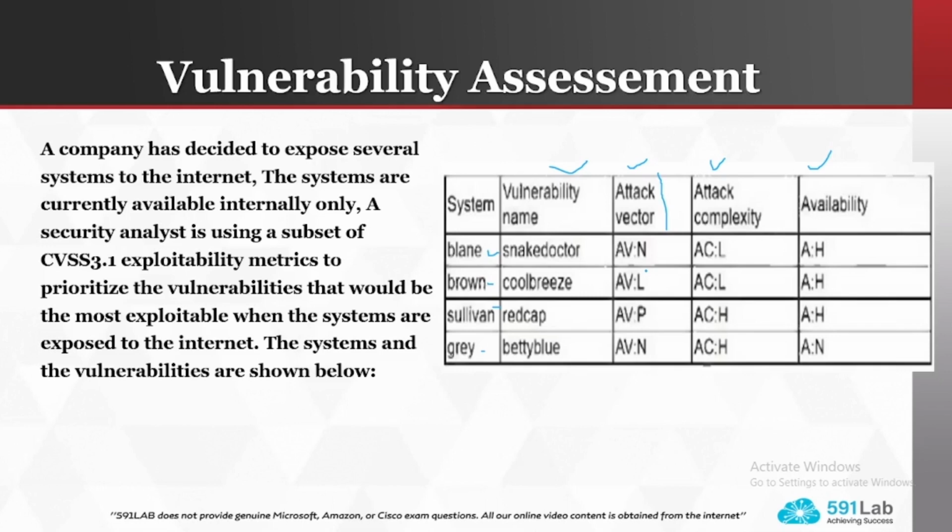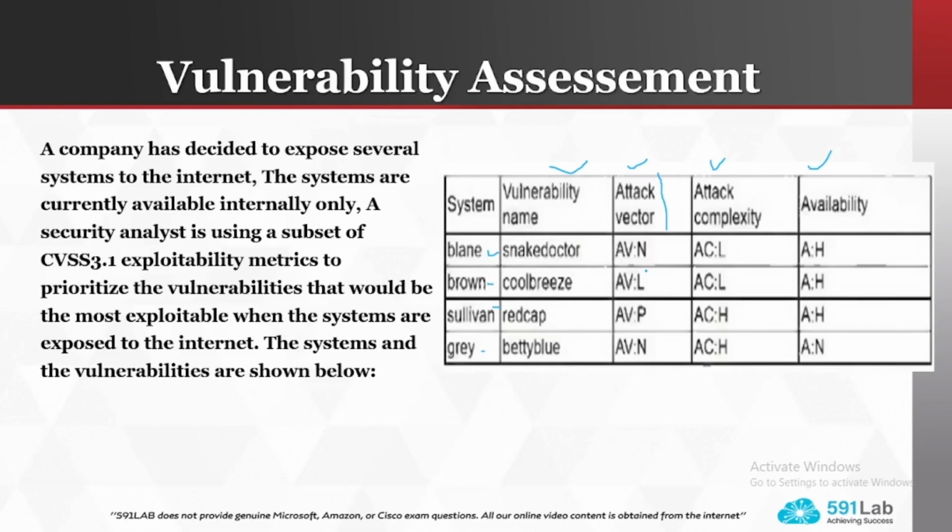Network, local, and physical access are the criteria of the attack vector. Network access is easier for a remote attacker to achieve. They can leverage various techniques to gain access to the network, such as exploiting other network vulnerabilities, social engineering tactics, or brute force attacks, while local access typically requires physical presence or compromised credentials on the system itself, while physical access is the most challenging scenario for a remote attacker.